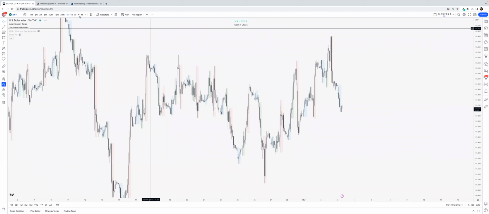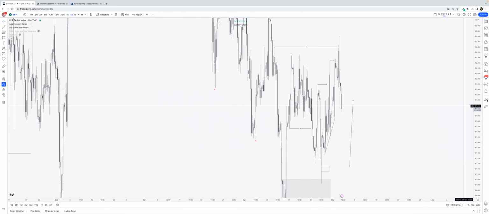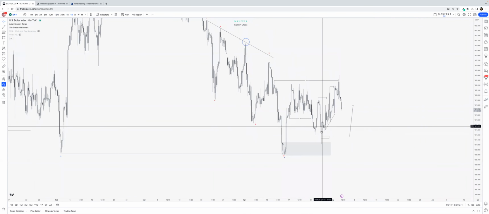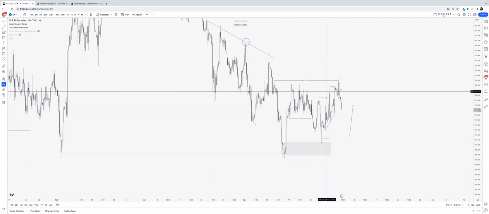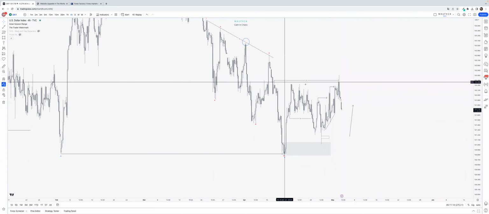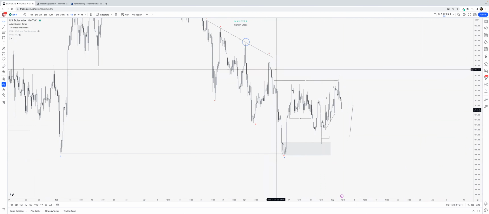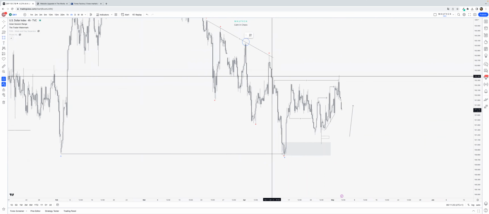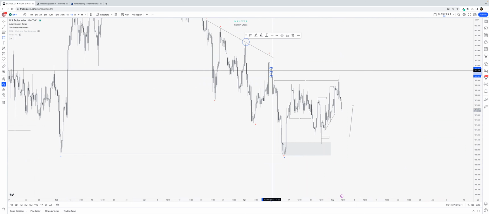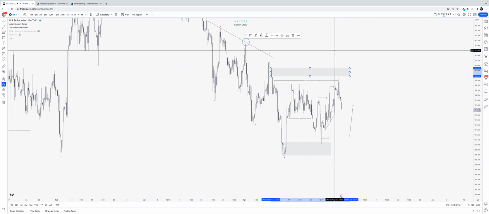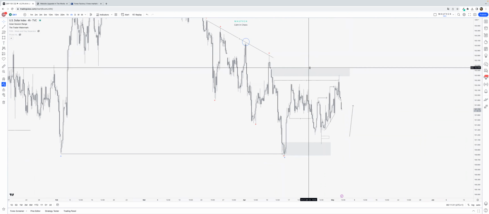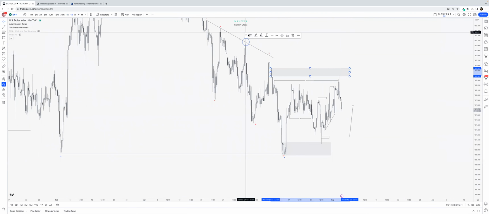Now DXY wise, what's DXY saying? Same story here. We got liquidity building up here. Yes, we got bullish structure, but essentially we took out these highs. We reacted from this 4 hour fair value gap area, and now we can see that price turned around.